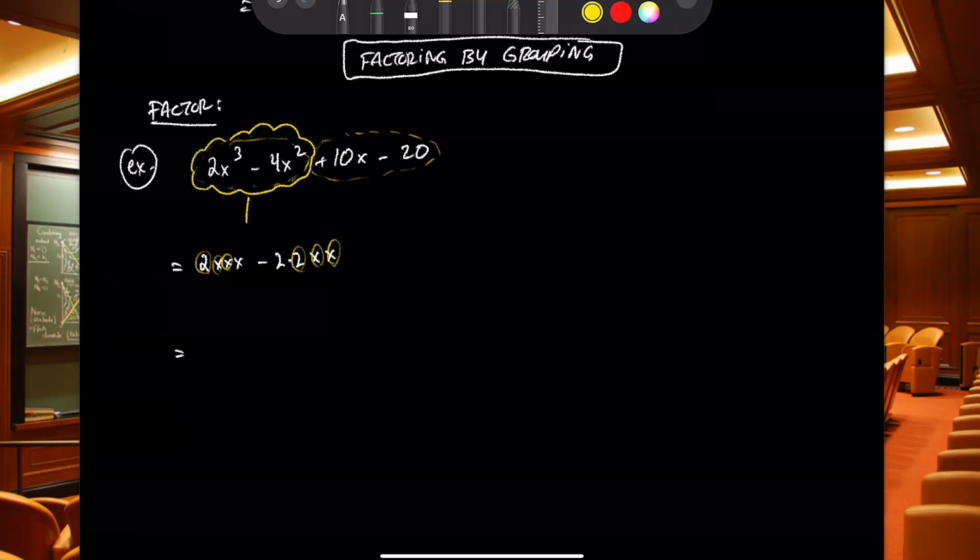And so what we must have been left with was an x minus 2. So this must have been 2x squared times x minus 2. And for yourself, check and see what I did was correct there. Okay, so that's just for this first group.